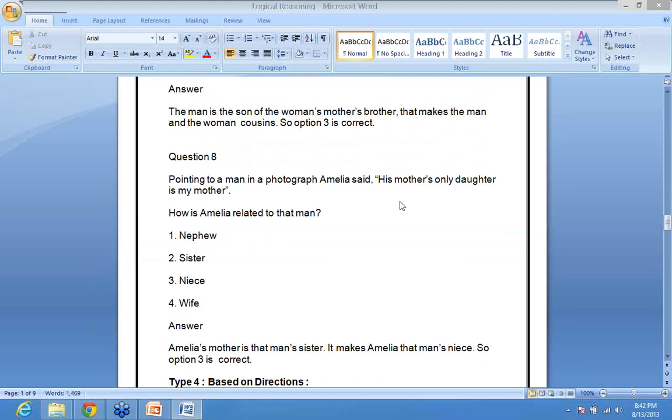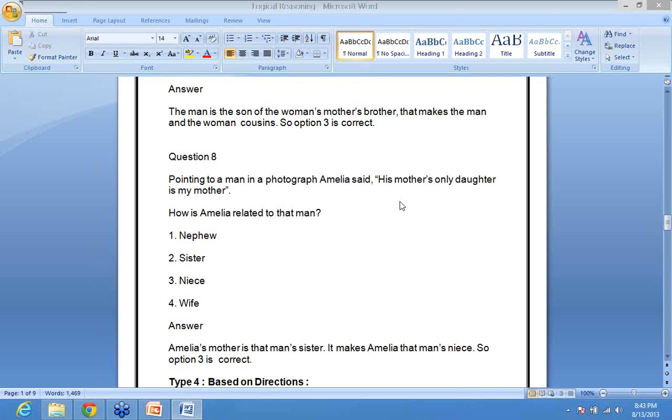Kaustav, how can you say nephew? You have to find the relation of Amelia, right? So Amelia can never be nephew. See, in these type of questions, one more logic you can use is to eliminate options by seeing the gender of the subject.